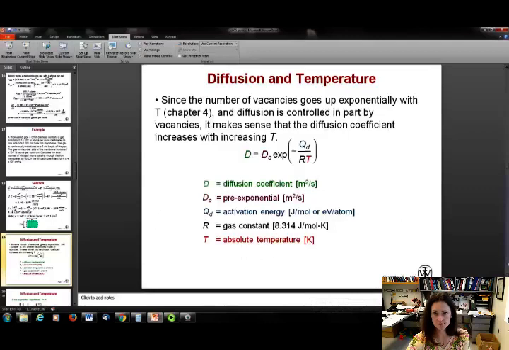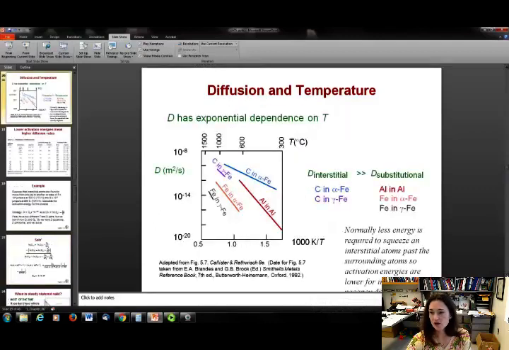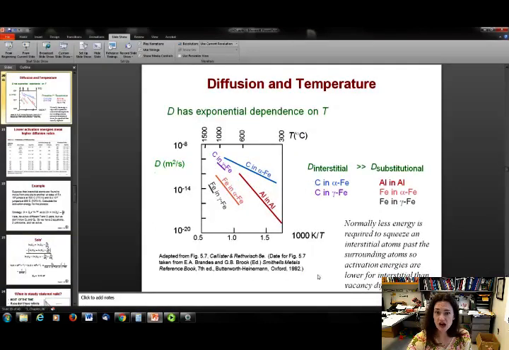Okay, so here you can see from this graph the exponential dependence on the temperature that the diffusion coefficient has. Here along the top, the temperature has been plotted, and then here on the bottom, it's 1 over the temperature that's been plotted.